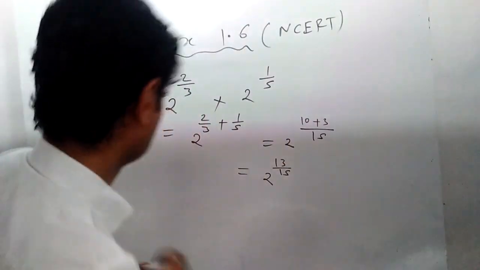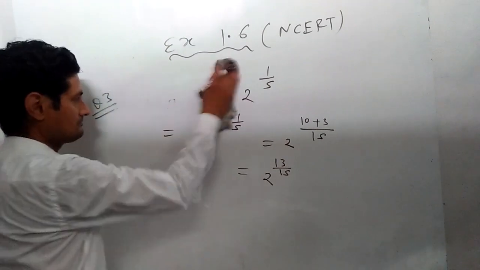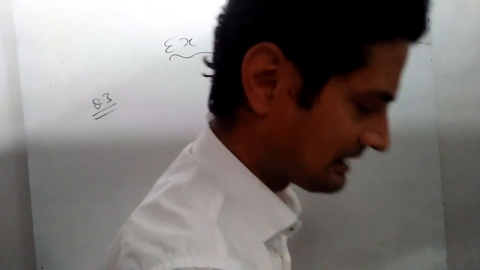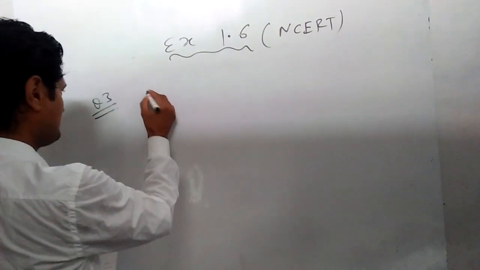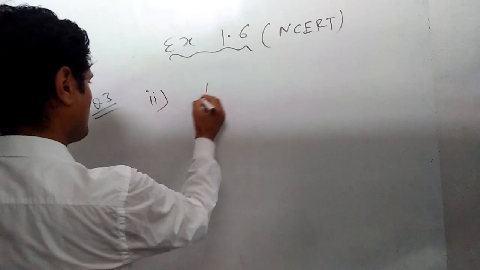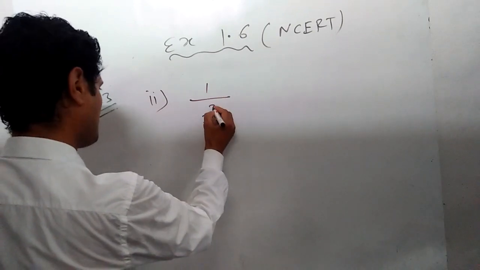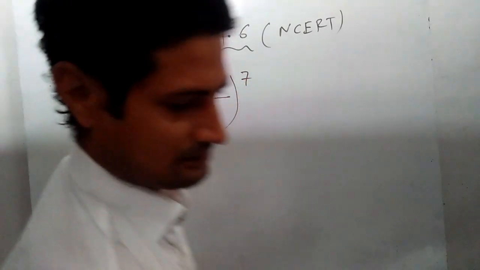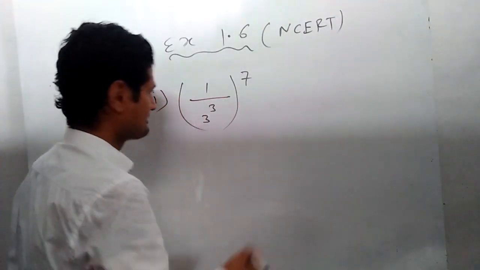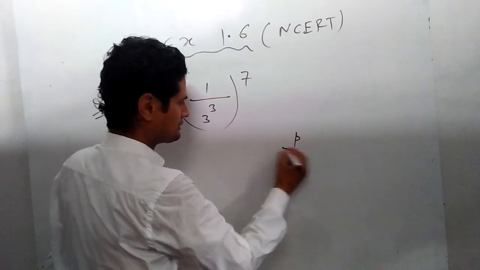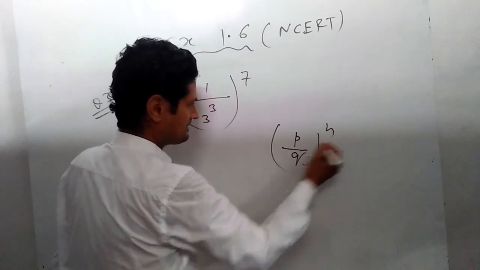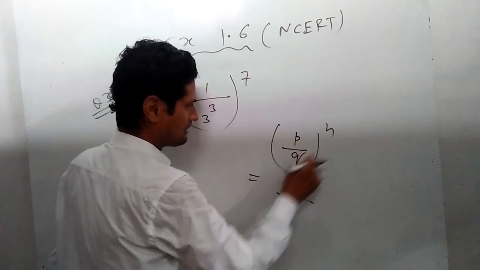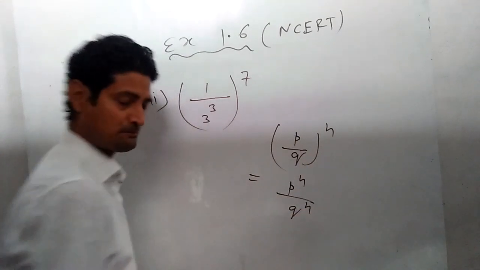Another type. Question number 3, second part: 1 by 3 to the power 3, and power 7. The law of exponents says that if p by q to the power n, we can write it as numerator to the power upon denominator to the power.